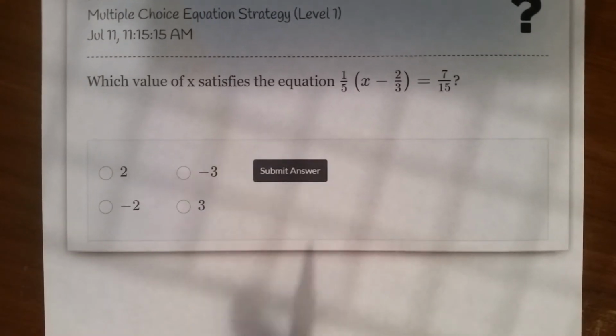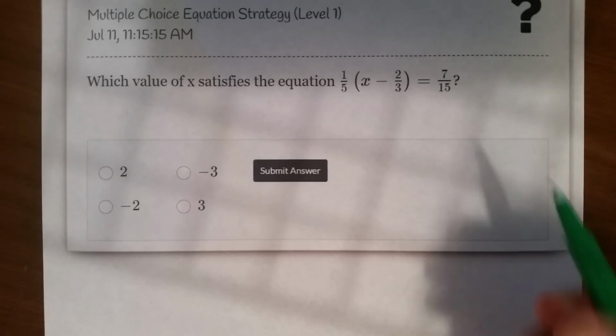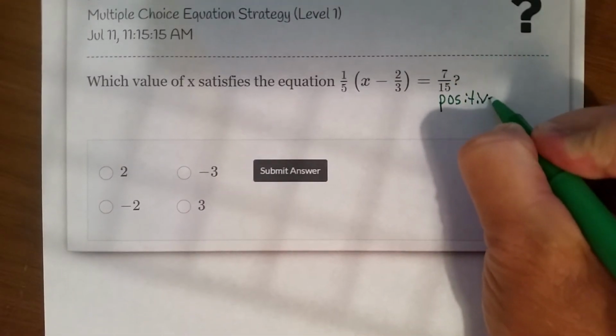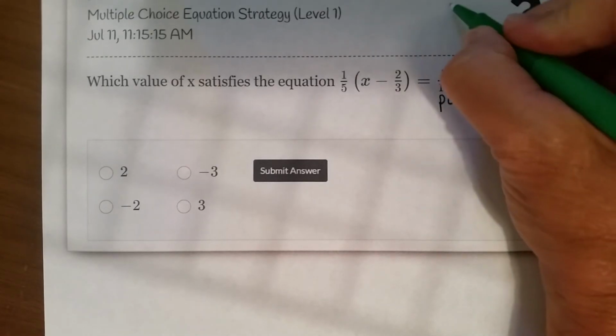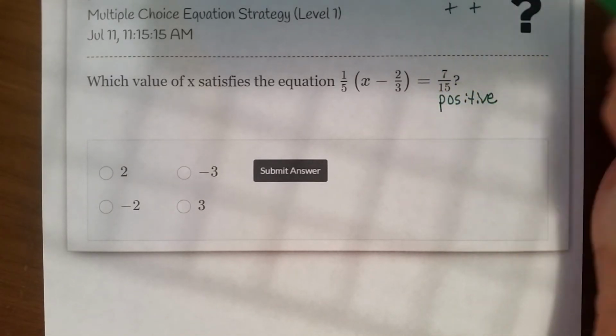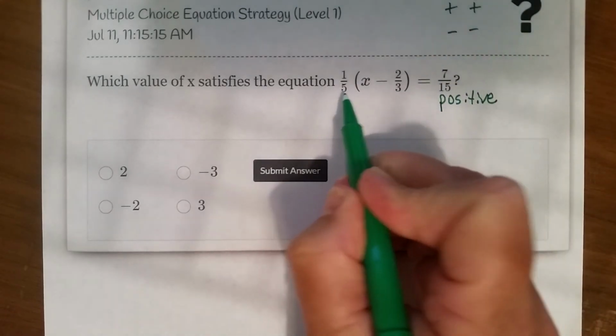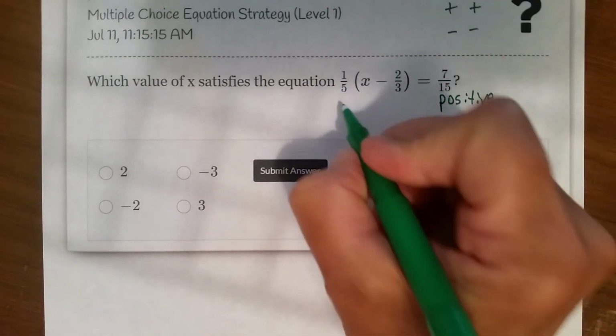Okay, so let's look at one more. Here, which value of x satisfies this equation? Now here I have a positive answer. So that means I either need a positive times a positive, or I need a negative times a negative. Well, this multiplier right here, 1/5, is positive.